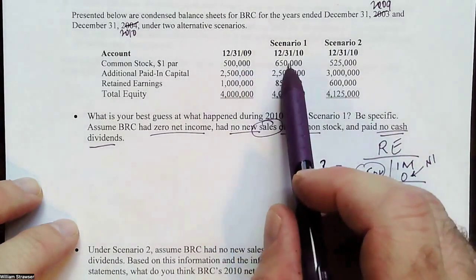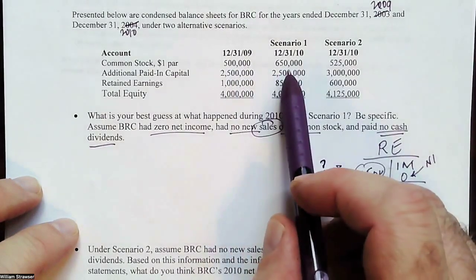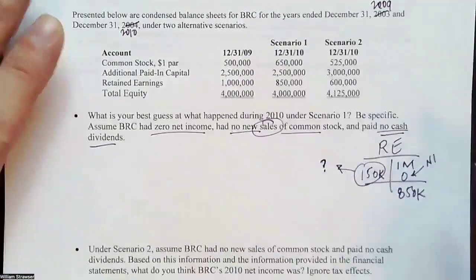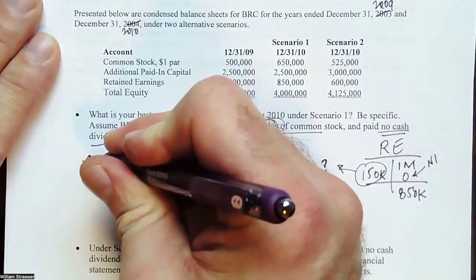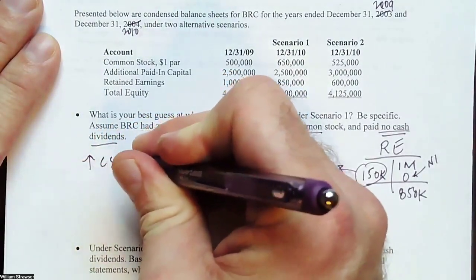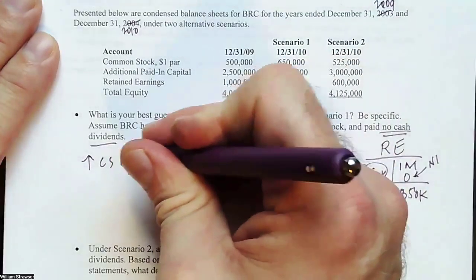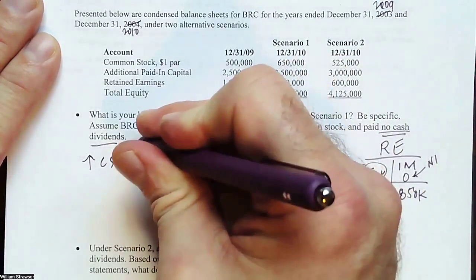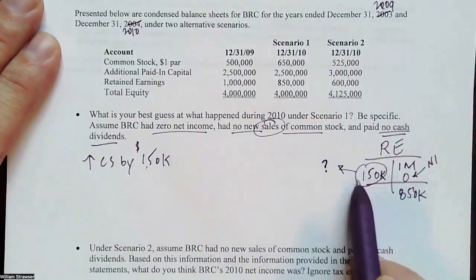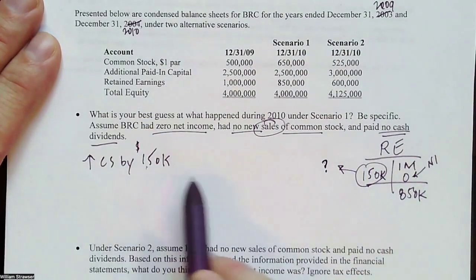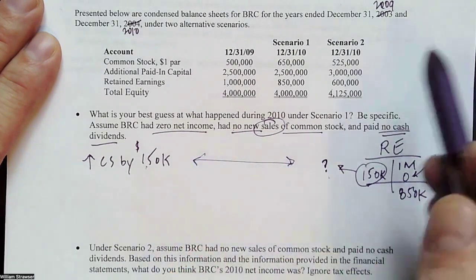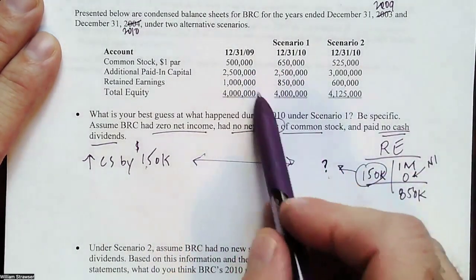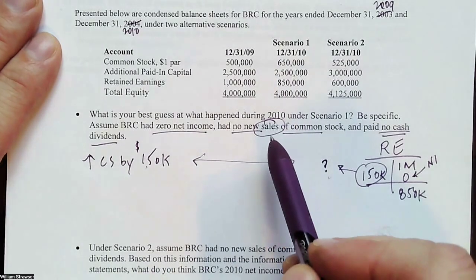Now, if I look at what happened to common stock, right? Common stock went up, an increase in common stock by 150,000, right? And that perfectly mirrors the amount I'm trying to look for here. So these two things must be connected to each other since we had no other movement in any other equity accounts.